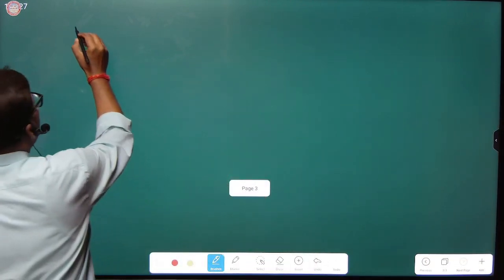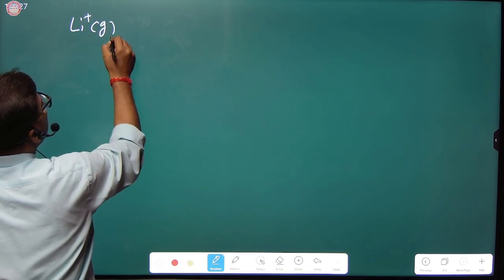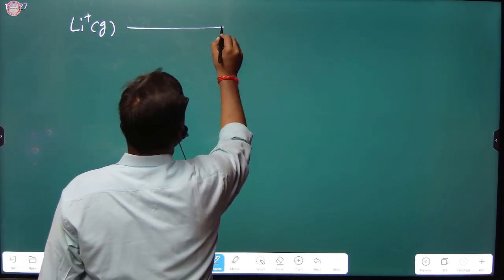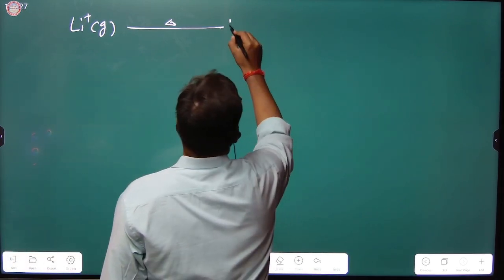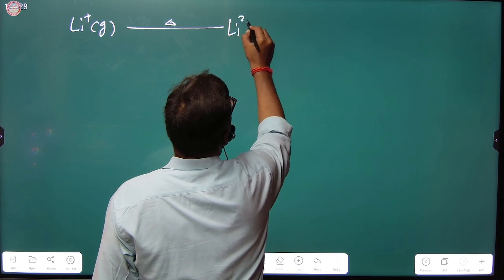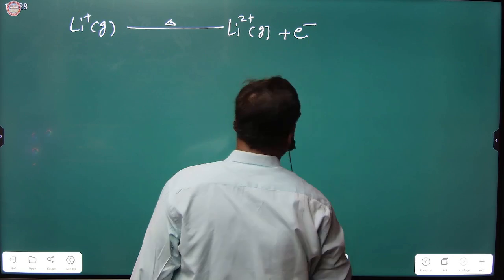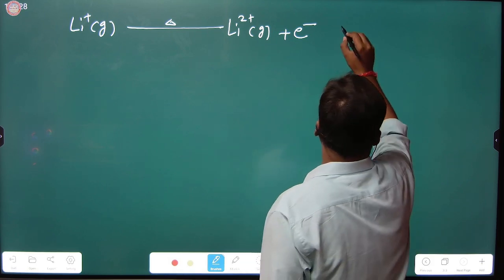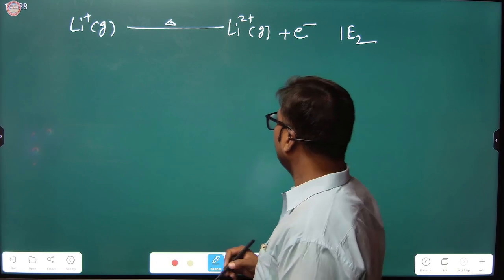In case of gaseous Li+, right, if you supply the amount of heat, Li2+ gaseous forms and a further electron is removed, then the ionization energy is denoted as IE2, right?